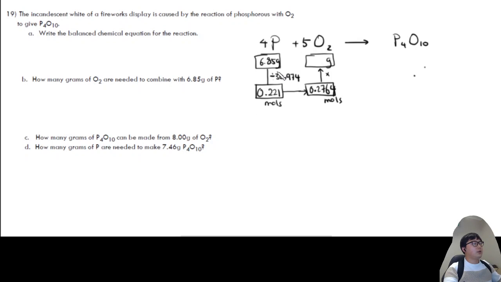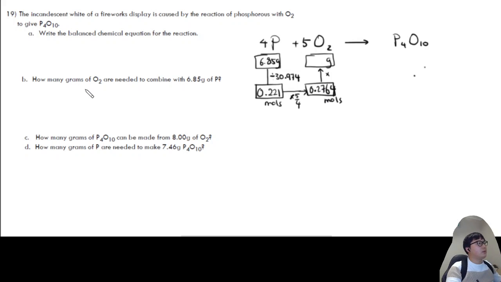So I'm just going to give you the answer, because we have a lot of things to cover. So we have 6.85 grams. Does my voice break at all? All right. So we have 6.85 grams of phosphorus. We divided that by the molar mass, then we have 0.221 moles. And because the ratio is 4 to 5, we times this one by 5 on 4 to get that one, right?